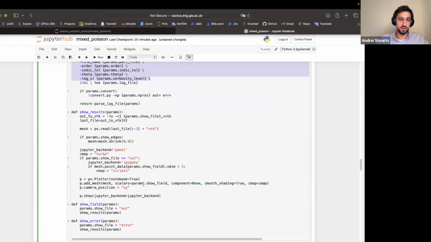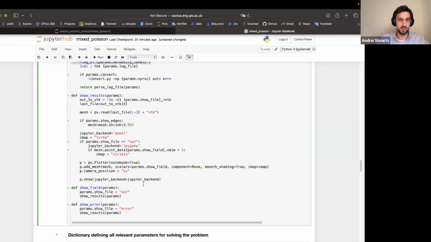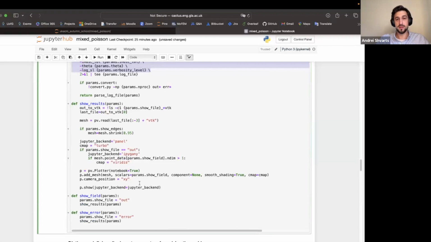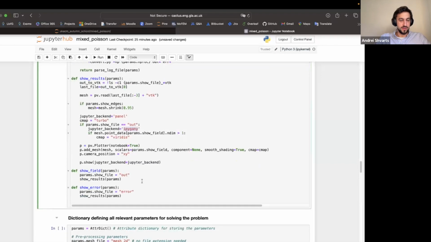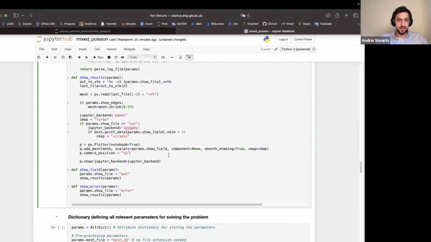And finally, if you're interested, you can see how we are using the PyVista library to visualize the results in 3D right in the notebook, and in particular how we are using the Jupyter backend ipygany defined over here, and also panel in some other cases.